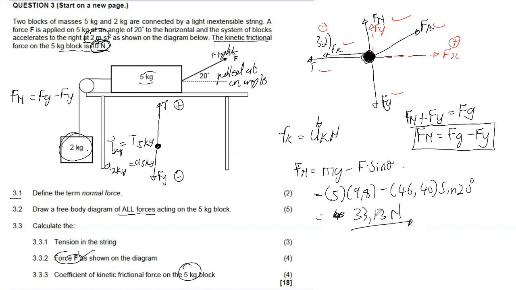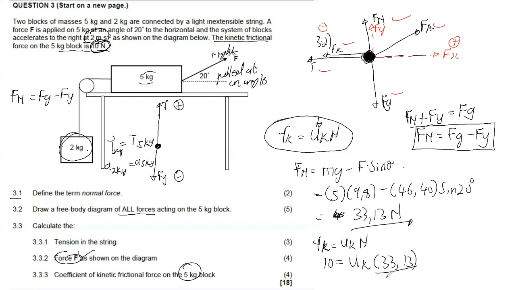And then now that you got the value there, you need to then take it to this formula. You have your Fk, so that's Fk is equal to mu k multiplied by n. My Fk is 10. My mu k, that's what I'm looking for. But then here I have 33.13.